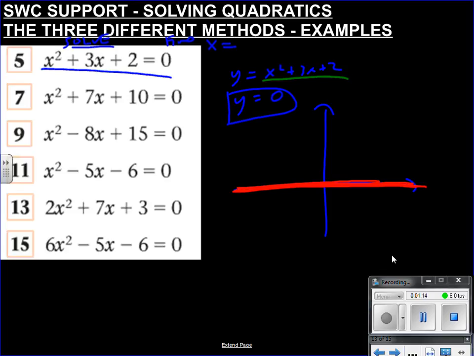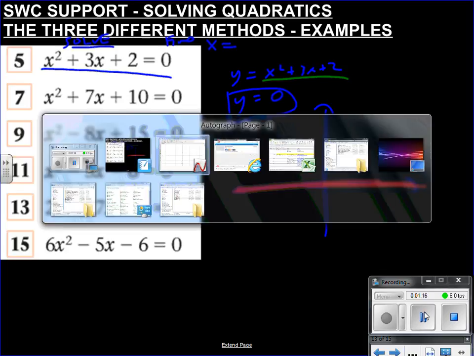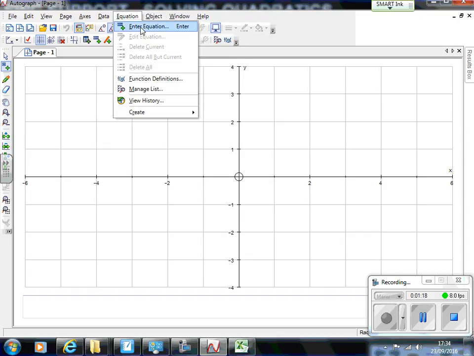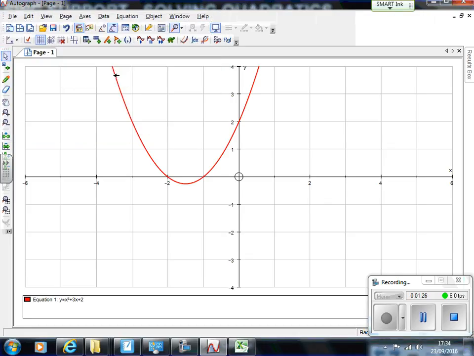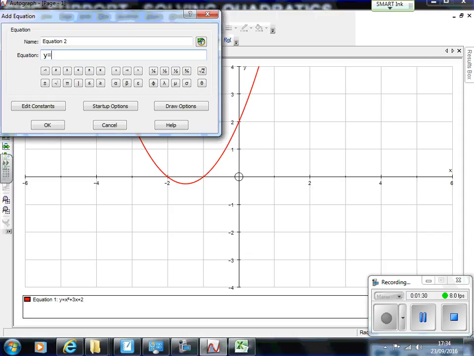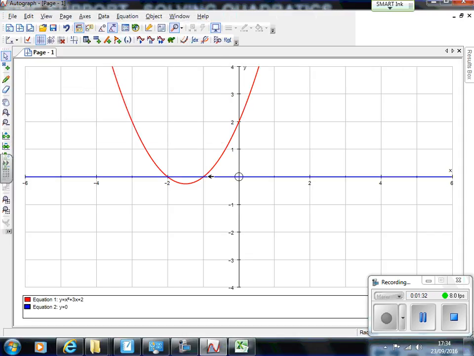Okay, let's look at an autograph where this is x squared plus 3x plus 2. So y equals x squared plus 3x plus 2. There we go. So there's the quadratic, and y equals 0 is the blue curve here. So you can see it touches here and here. Okay, that's what we're doing.